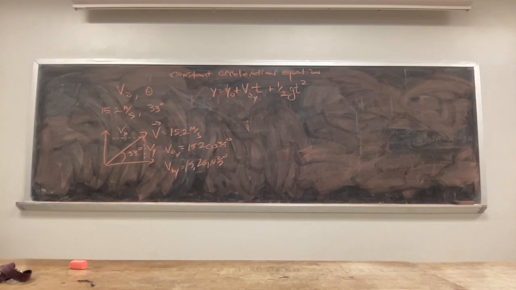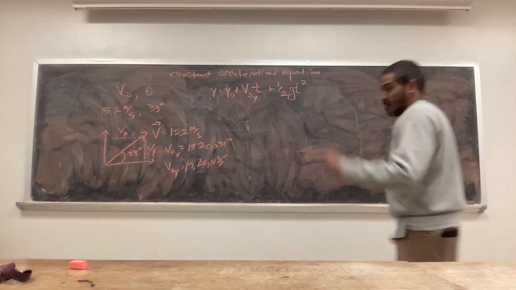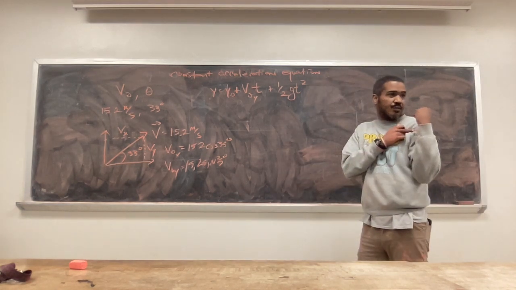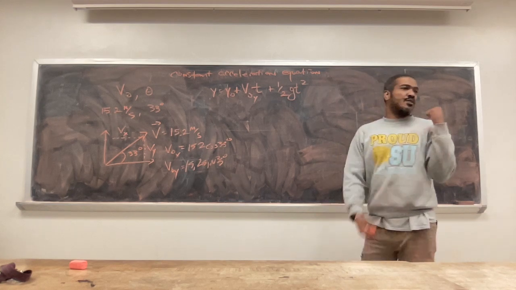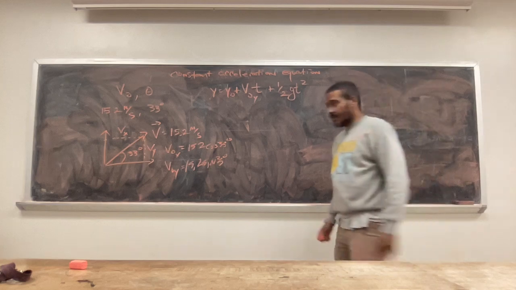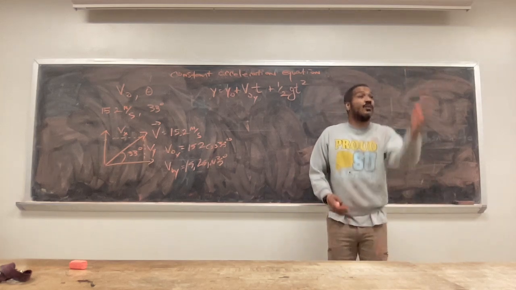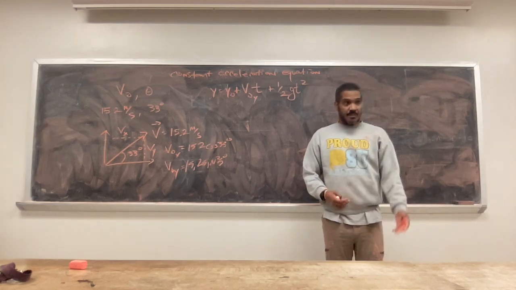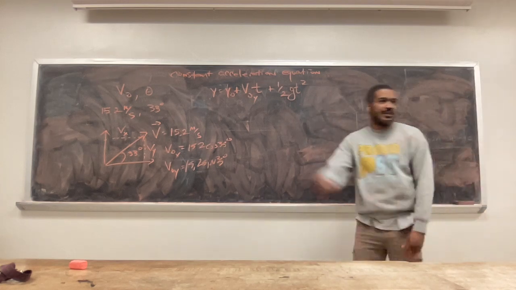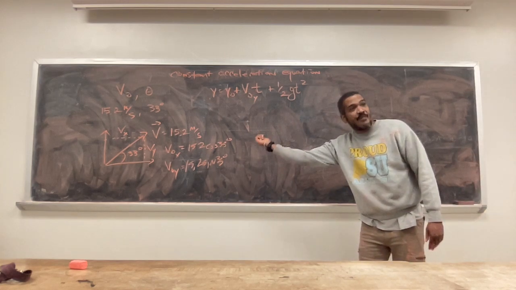He threw it from his shoulder, right? So your y naught, or y equals 0, is at his shoulder. So we're going to say his shoulder was 1.7 meters from the ground. So that's my height. That's the y, right? So you see how we're taking this from the word problem to what it means mathematically.